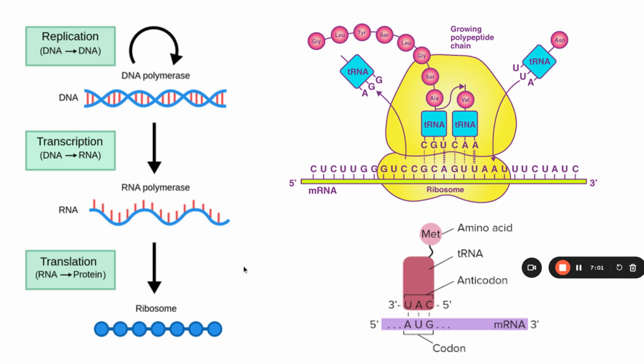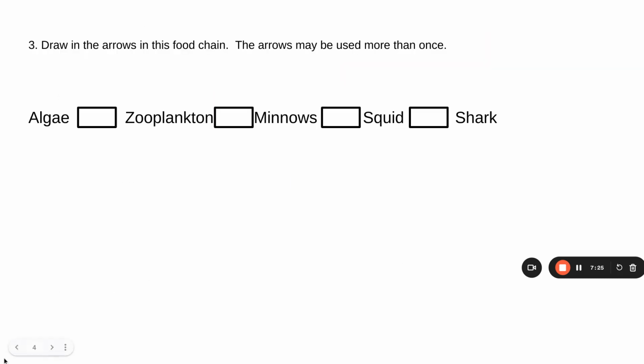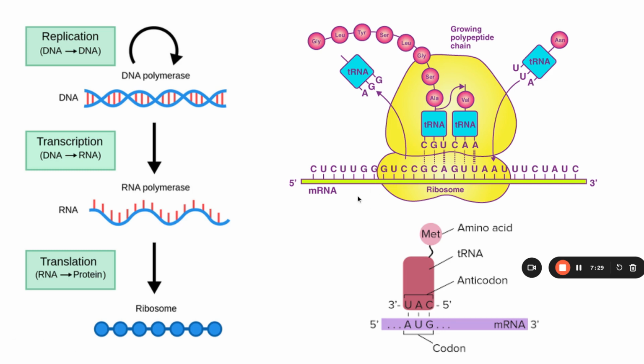So how do you know which amino acids to link together? All that information lies in the DNA. That information is rewritten or transcribed into RNA, specifically messenger RNA. And then that messenger RNA travels to the ribosomes, where it is then translated into the protein.